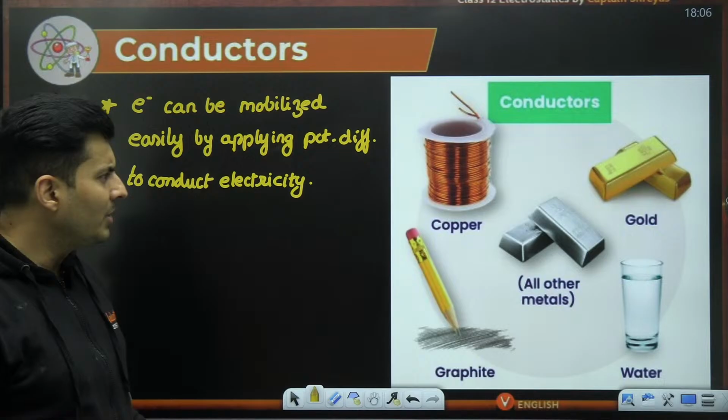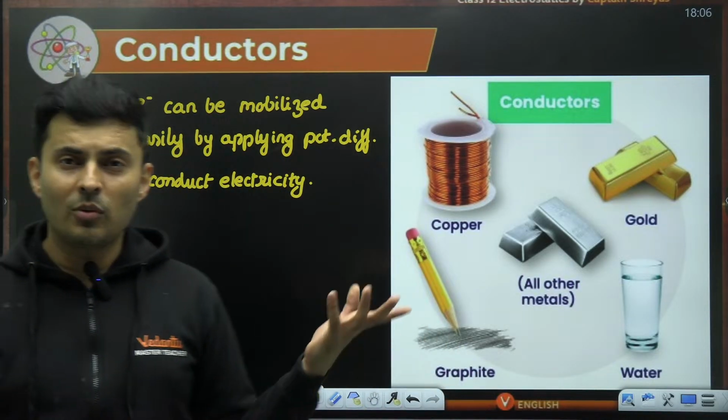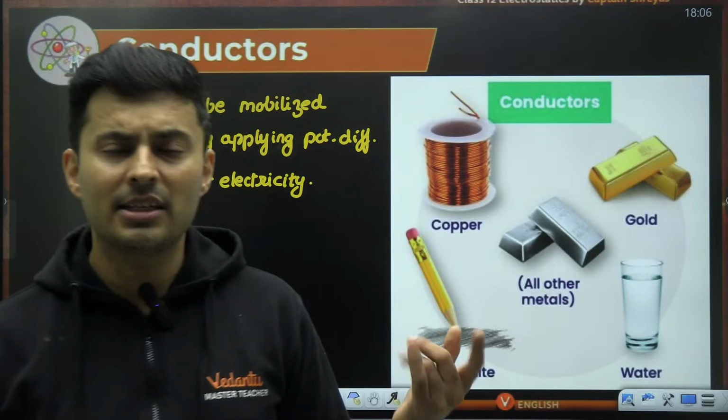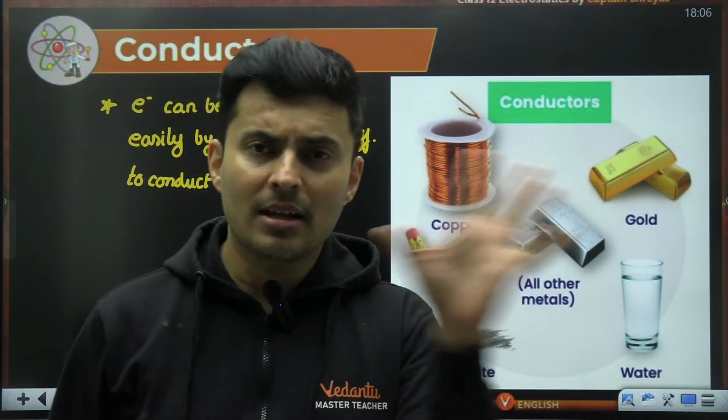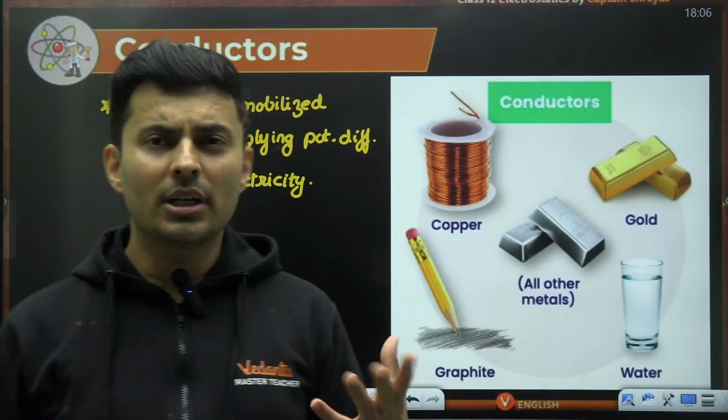Copper, metals, aluminum, iron, gold, silver, even graphite, and even saline water, or even normal water to some extent, are categorized as conductors. Rubber, wood, plastic, etc., are non-conductors.